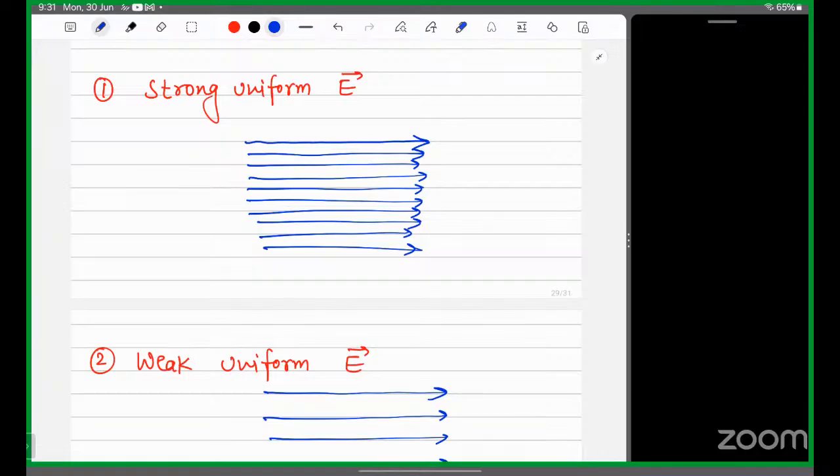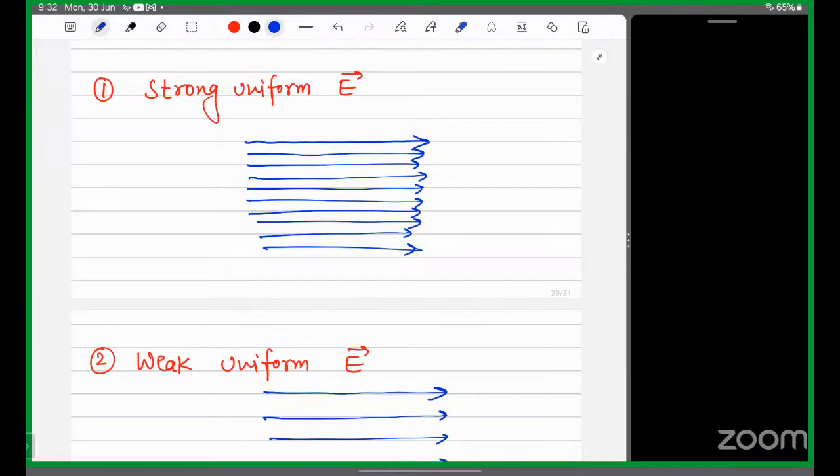And non-uniform electric field means the magnitude at different points will be different, and the direction may also be different. So if I have a 2 unit magnitude at a point in this room, and when I change the position of the point, the magnitude is not going to be 2 unit, it may be 1 unit, 3 unit, or 4 unit. Same is for the direction.